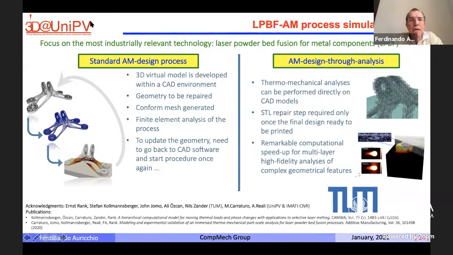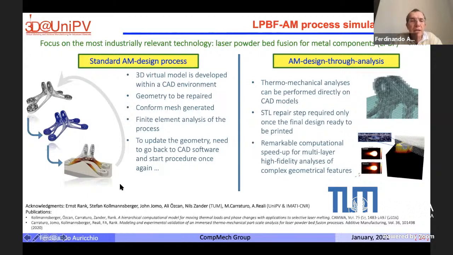Because the standard way that people approach simulation for additive manufacturing is a highly iterative scheme, in the sense that you start with the geometry, maybe from some sort of optimization, then you mesh your geometry. But once you mesh it, you want to simulate not only the optimal distribution, but also whether the distribution that comes from your topology optimization is optimal in terms of the construction process.